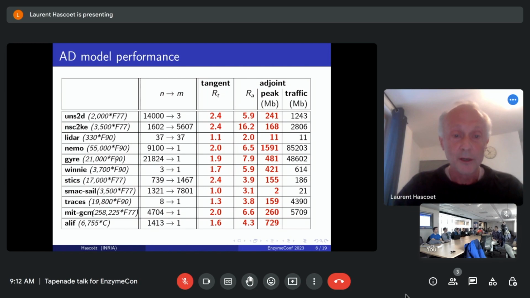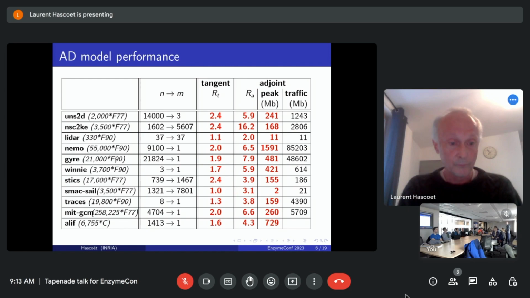This is a part of our non-regression tests. These are real codes, some of them small, some of them larger. And you see the first column in red is the slowdown of the tangent code with respect to the primal, the slowdown of the adjoint in the next red column, and the consumption in memory for the data flow reversal on the third column.